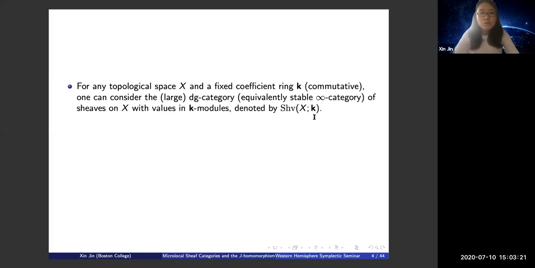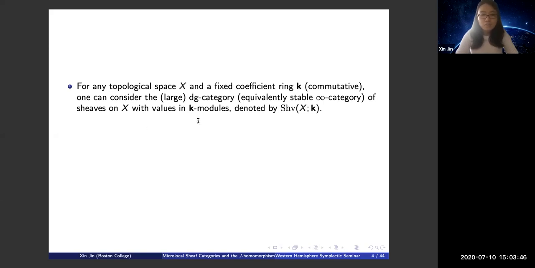So in concrete terms, what is a sheaf? A sheaf is an assignment, for each open set in X, of a K-module. Because we are considering DG categories, if K is an ordinary ring, it's a chain complex of K-modules. And then you assign restriction maps for the sections over each open set.